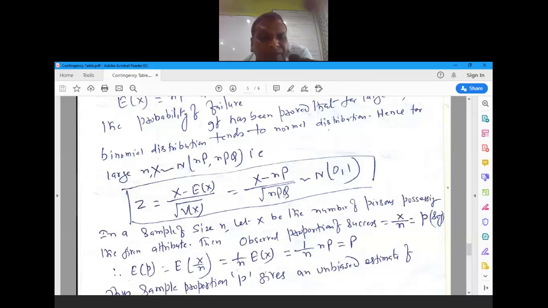So your z statistic is also written like this: x minus expected value of x divided by the square root of variance of x, which is equal to x minus np divided by the square root of npq, and this follows a standard normal variate with mean 0 and variance 1.